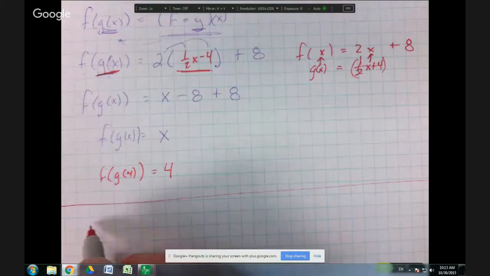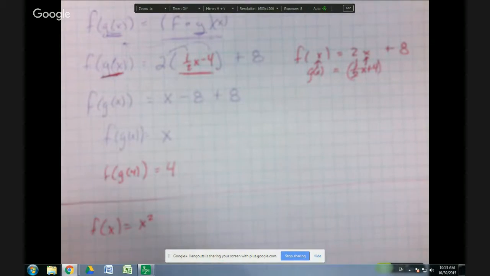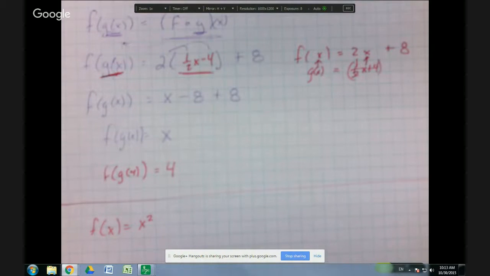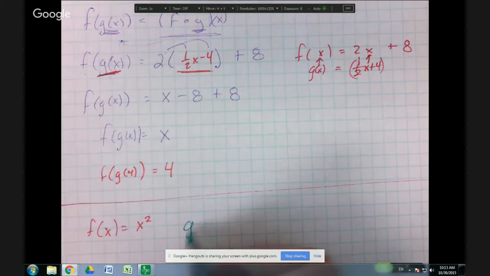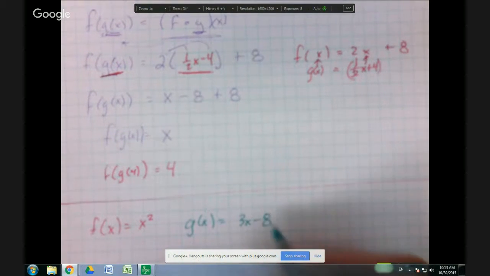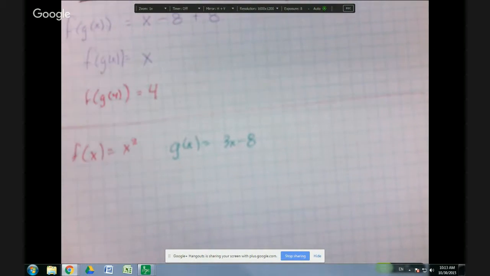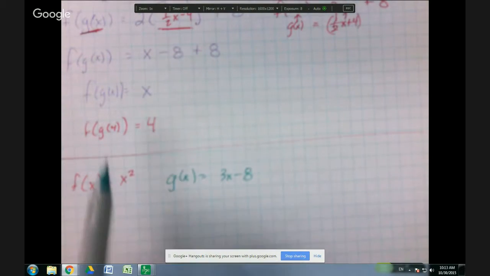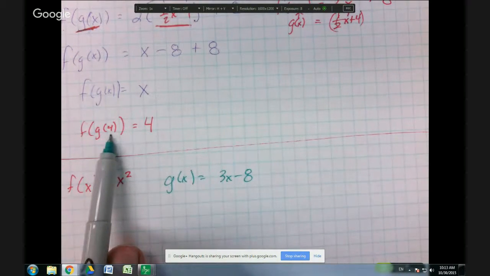Let's try a different one. I'm going to do colors. What did I plug in for x? 4.